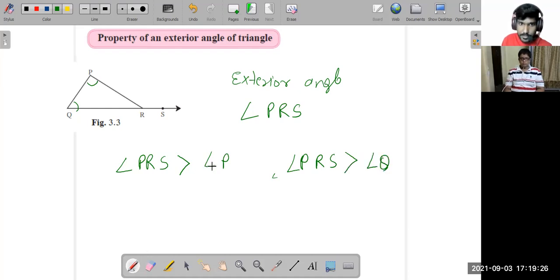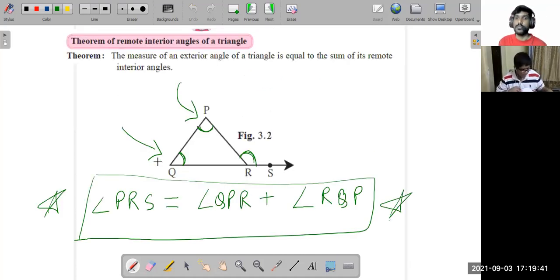Is this property clear? Make a note of it. Draw the diagram also. In the previous one, did you draw the diagram? No? Draw it. You can draw freehand also, but draw it.